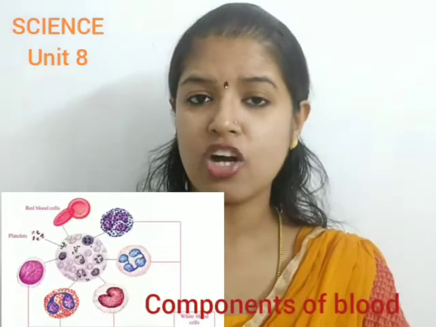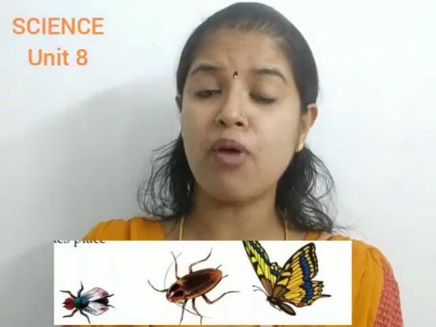Now in other organisms, there are mechanisms for the transport of substances, there are fluids, but the fluid doesn't contain hemoglobin, so it is colorless. And it doesn't have a blood vessel. A blood vessel is a pipe or a tube through which the blood flows.